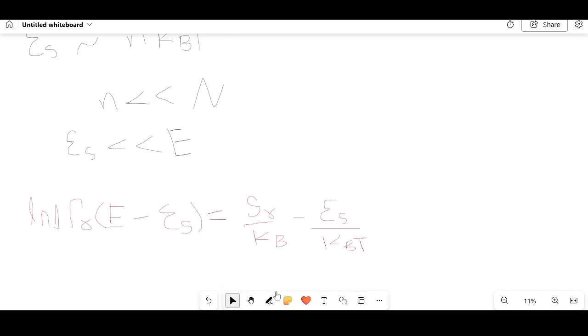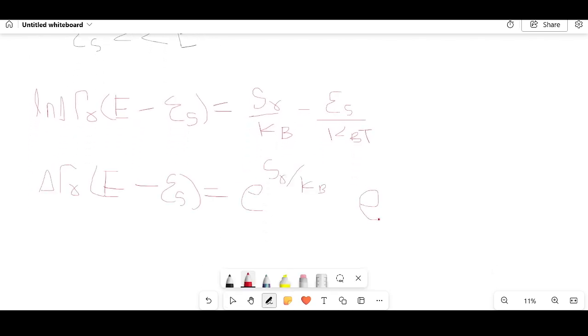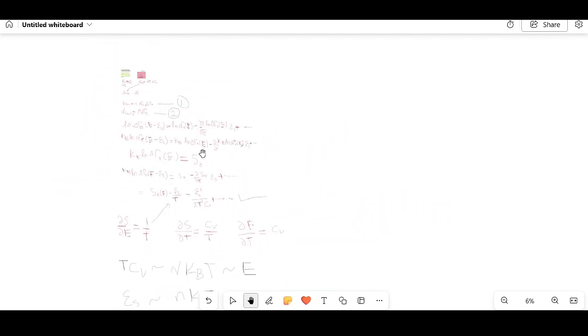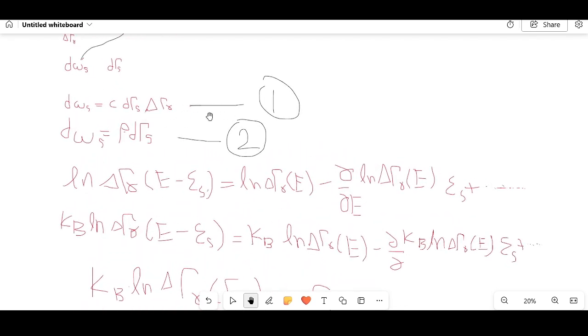taking exponential on both sides. We have e to the power minus epsilon s divided by Kb T. Put in equation 1, here we have this. This is equation 1 and this is equation 2.